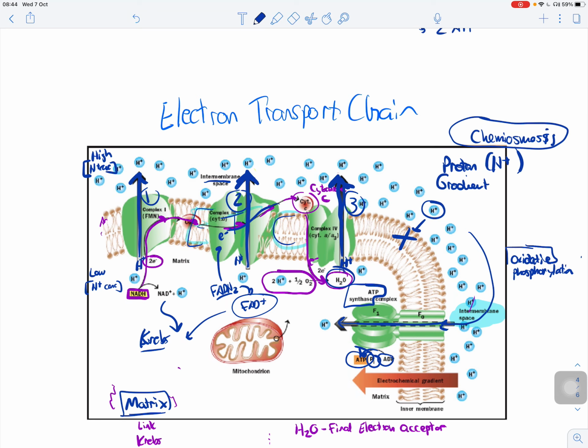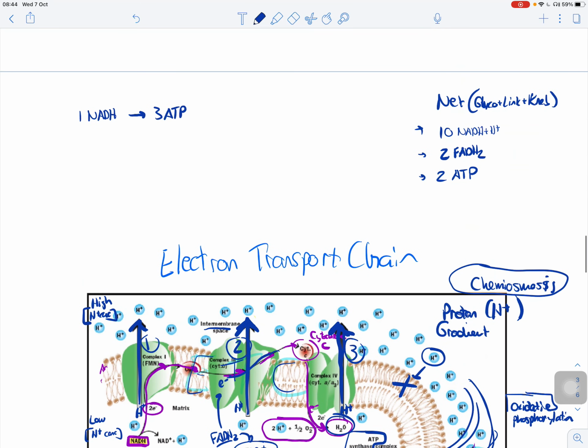That electron has enough energy to move those 3 hydrogen ions through. And then those 3 hydrogen ions will go through here once, twice, and a third hydrogen ion will come through. Okay? And each time one of those goes through, you make ATP. So it can make a total of 3 ATP.